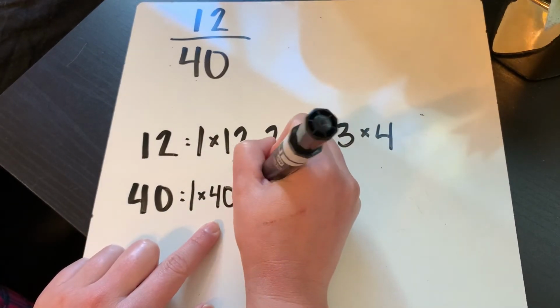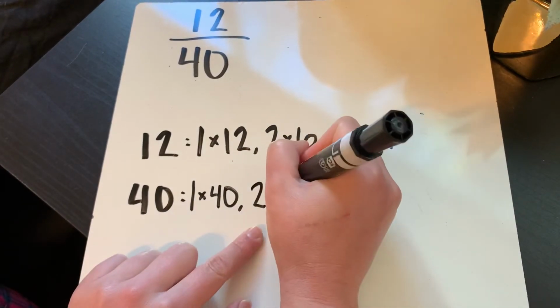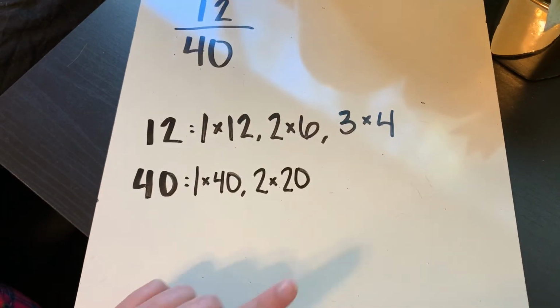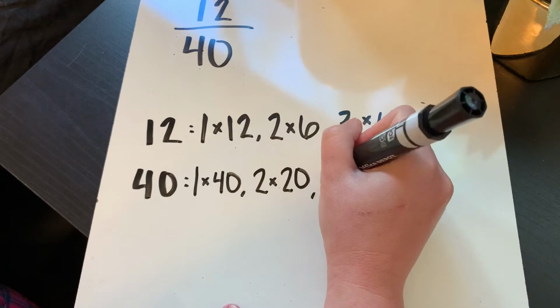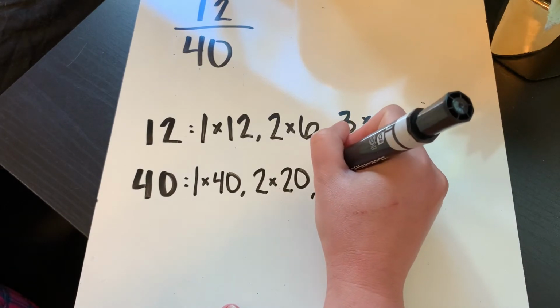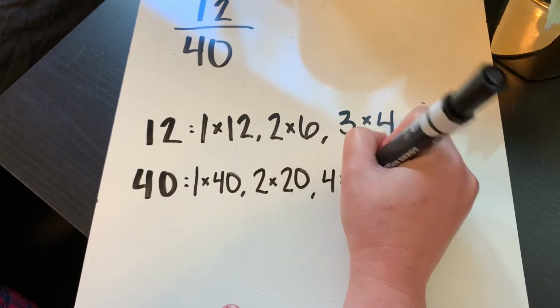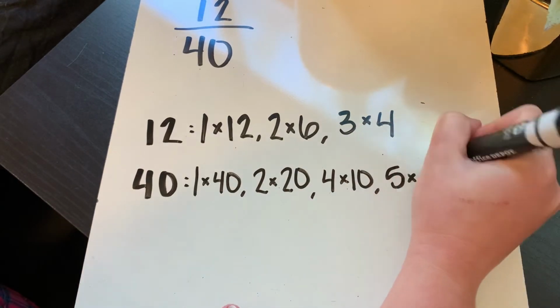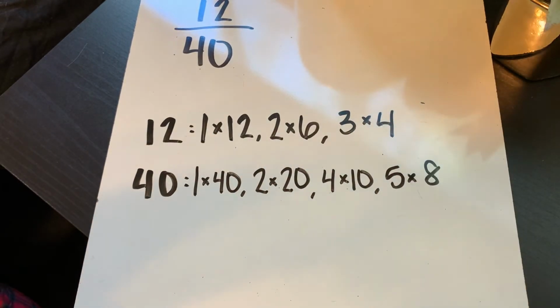Let's do 2 times 20, because I know 2 times 2 is 4, add the 0, it's got to be 40. We've got 4 times 10. 5 times 8. I'm going to stop there. I think that's it. Okay.